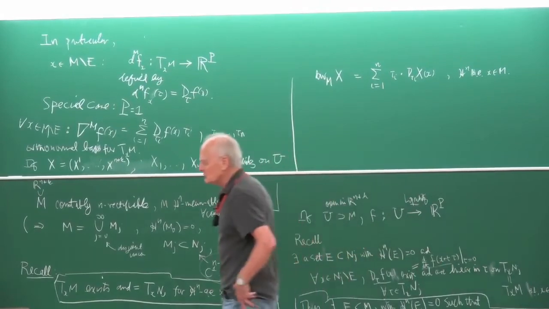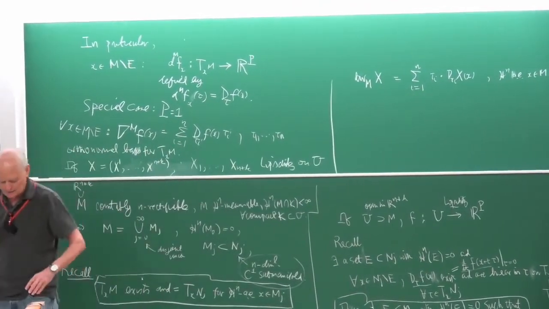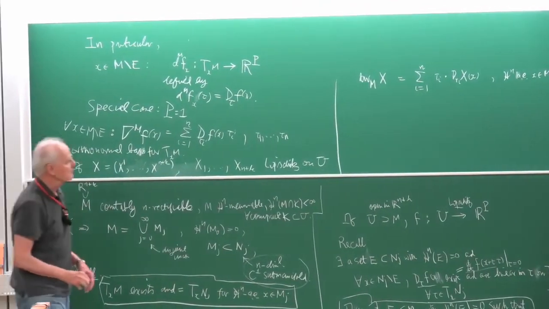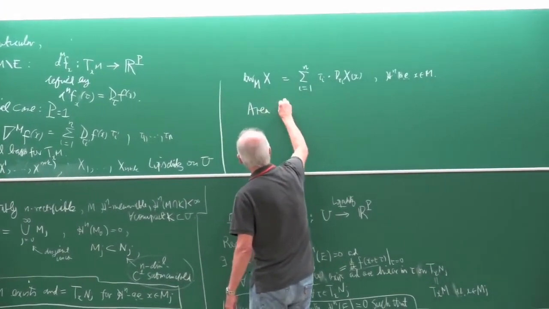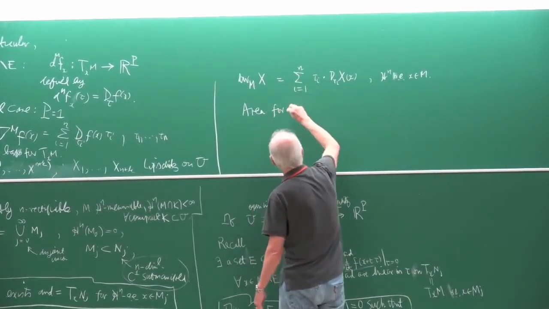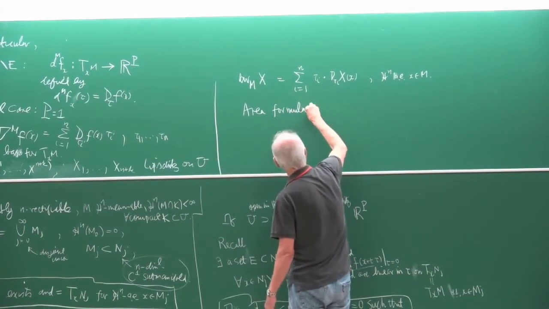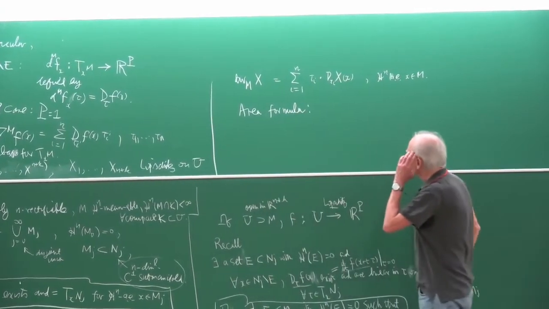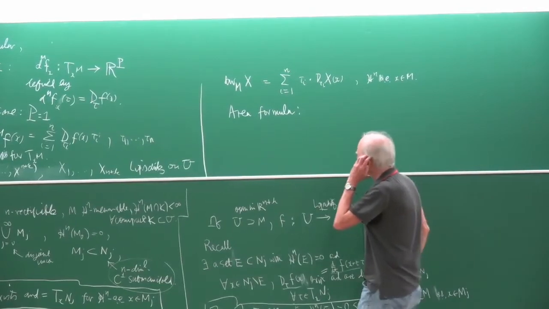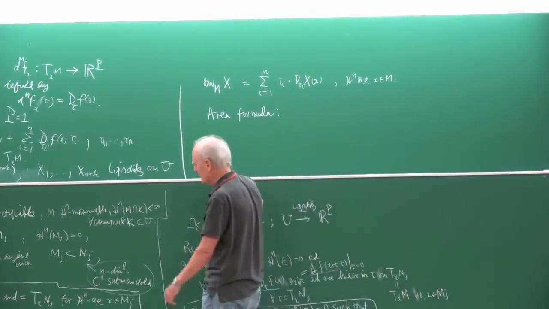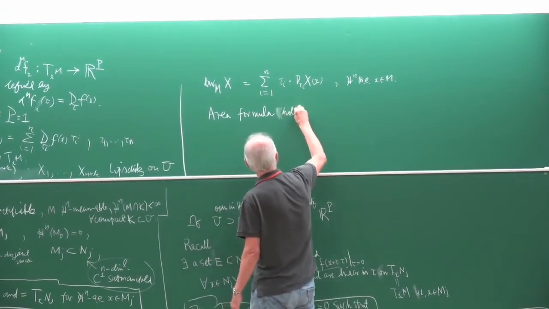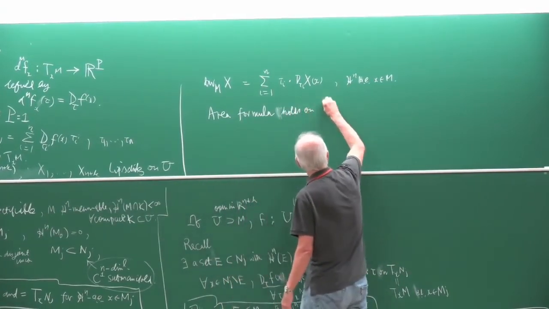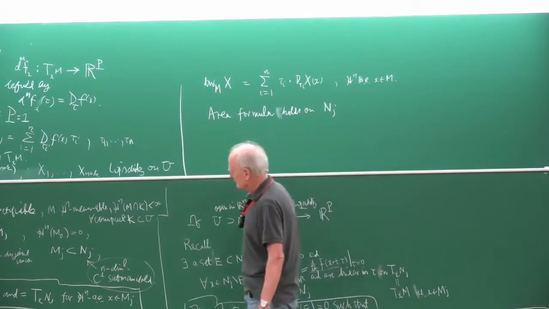And let's also check now that we can prove the area formula. Just as there was in the C1 case, there's an area formula in the rectifiable case, because the area formula holds on M_j.